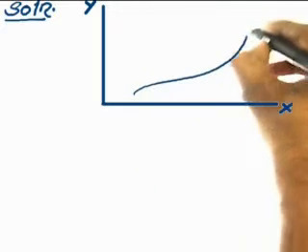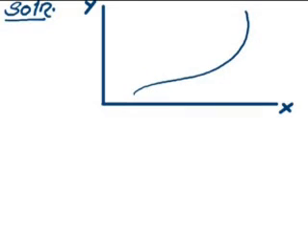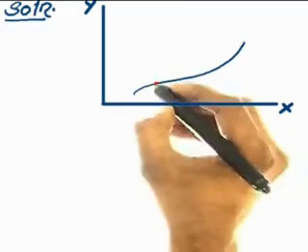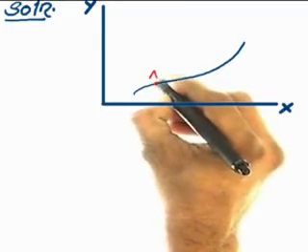Say this curve is of this shape. Here let us consider this point on the path of the particle. You can say it is the initial position, which is given as say A.